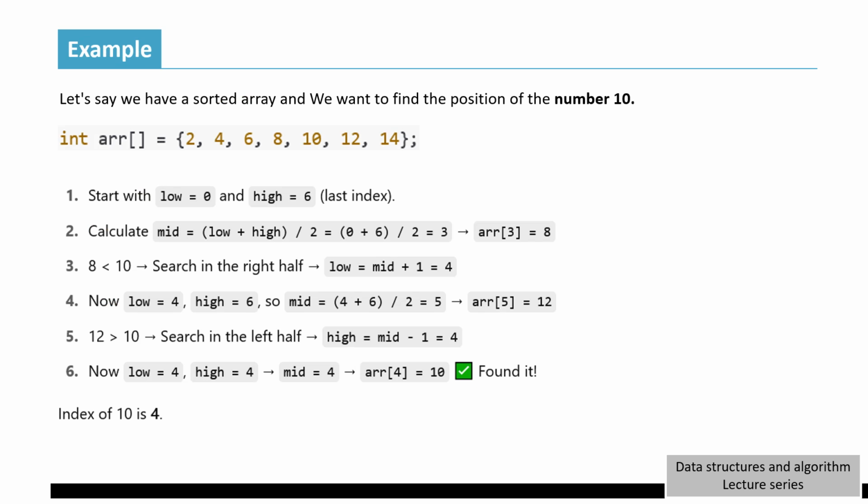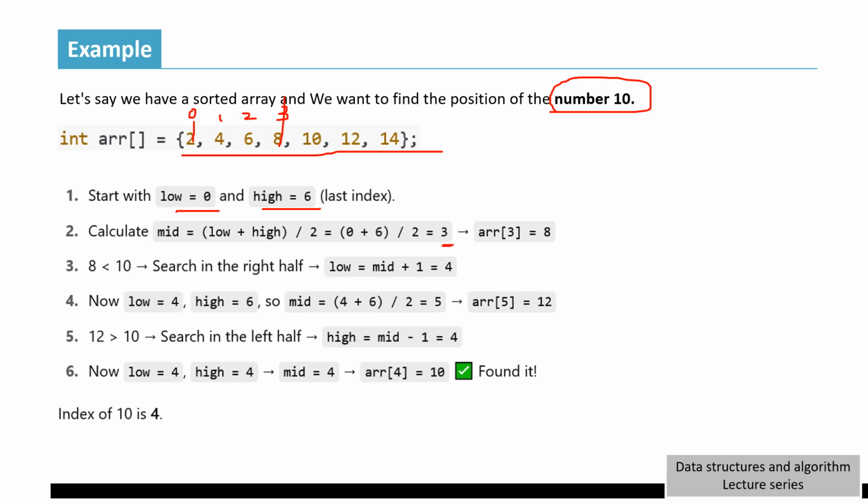I have already explained this example, but once again we will take one more example. This is the array 2, 4, 6, 8, 10, 12, 14. Low is 0, high is 6 because there are 7 elements. Mid is 3: 0, 1, 2, 3. This is the mid. And we want to find the position of 10.